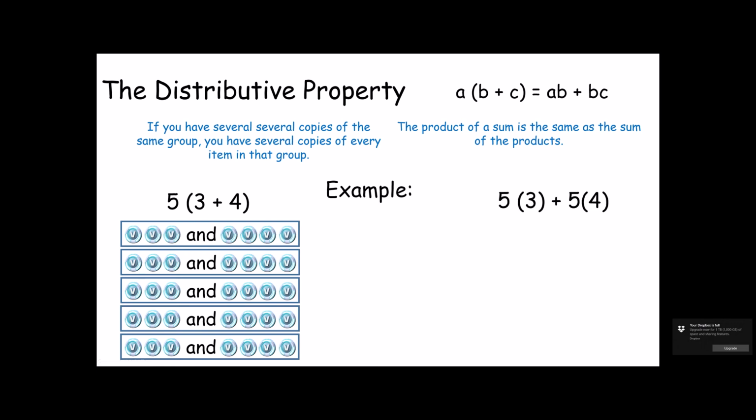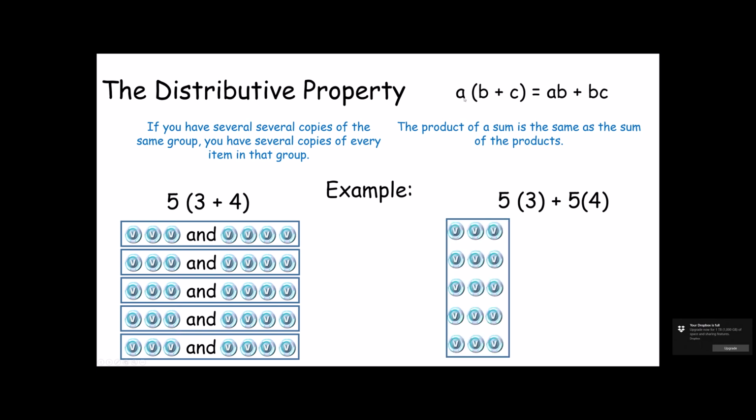Over here on the other side, I'm going to do what looks more like the right side of this equation. Notice here on the left, 5 times 3 plus 4 says I have A on the outside, B plus C on the inside, matches here. When I say 5 3s and 5 4s, I'm organizing this information in a different way.